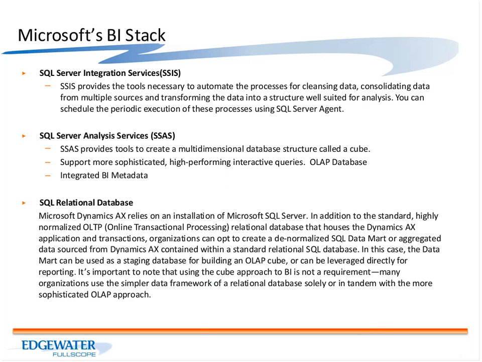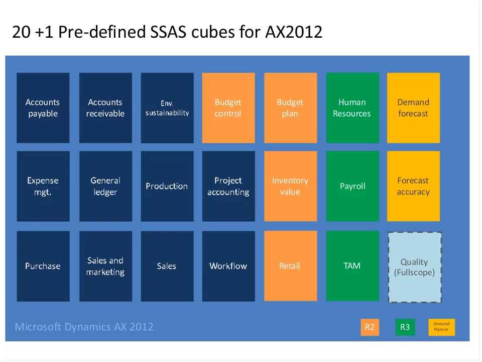Okay, so Microsoft has some more tools that it delivers, but I just wanted to stop and say, on the SSAS front, as you may know, Microsoft delivers 20 predefined SSAS cubes for 2012.